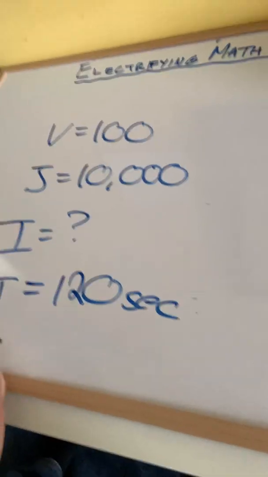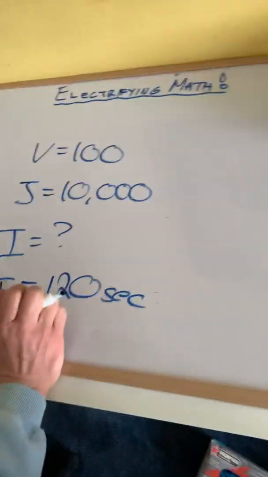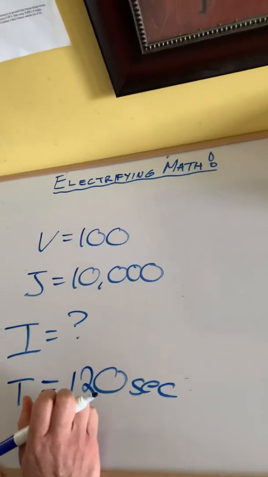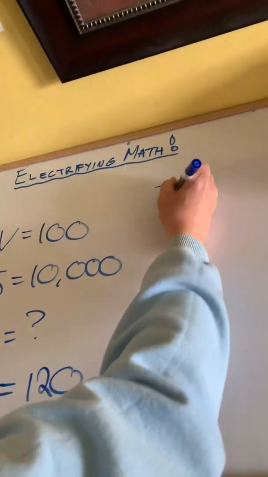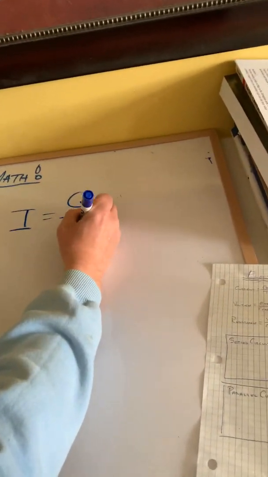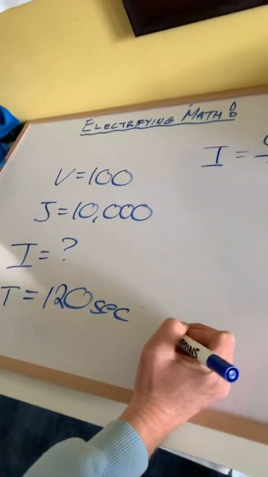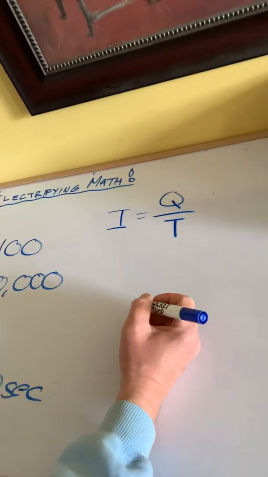Okay, so what we're going to do is figure out, well, we need our current equation for sure. So we need I equals Q over T. The problem is we don't have Q out of this information, do we?